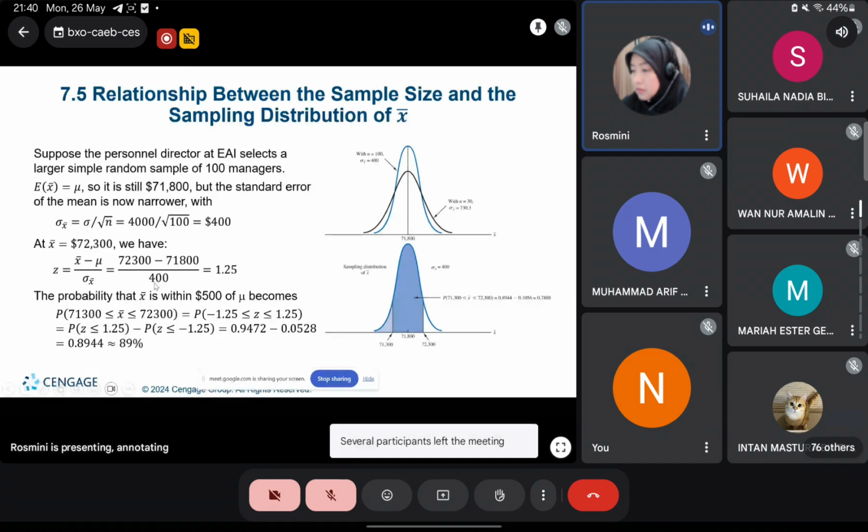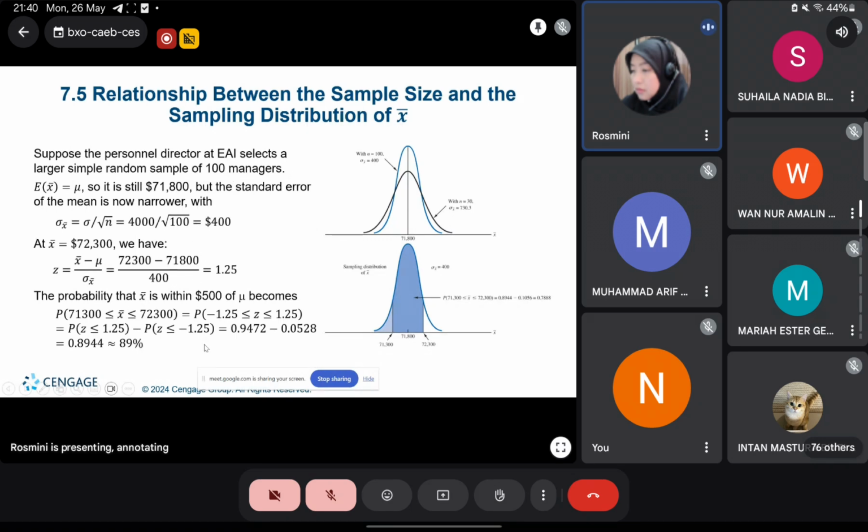So you put that here. The plus minus 500 is still the same, so this one is still 71,800, with 71,300 and 72,300. This is regarding the n, if you took 100 managers instead of 30.